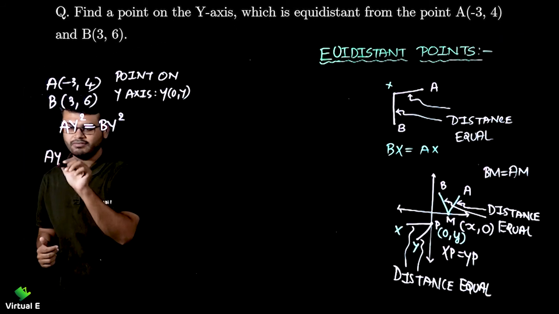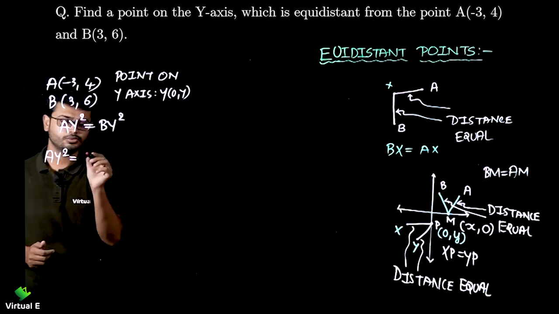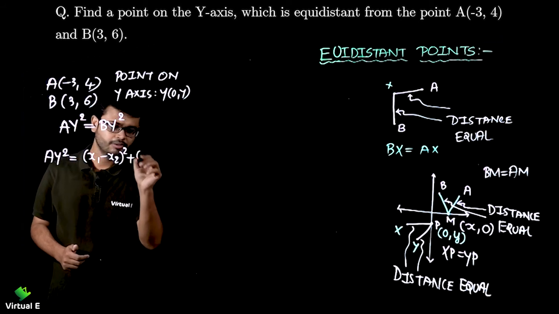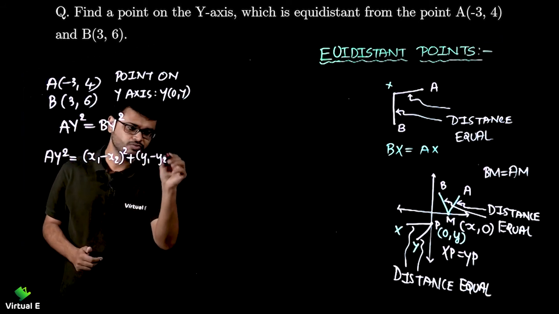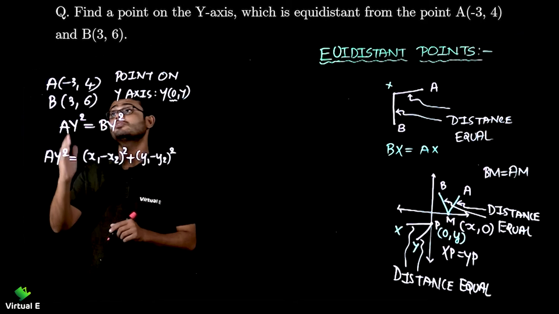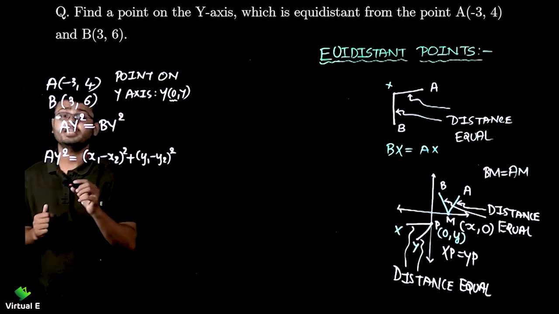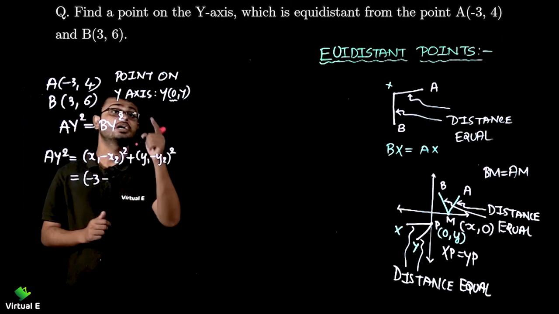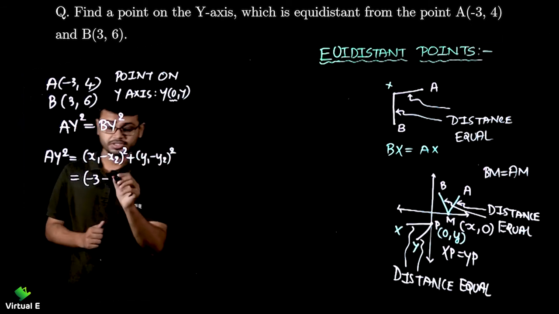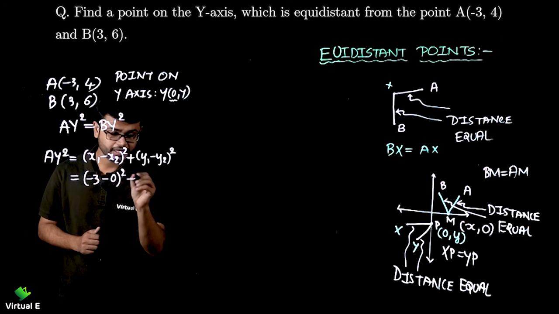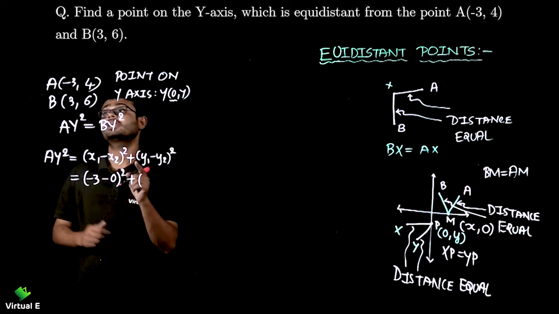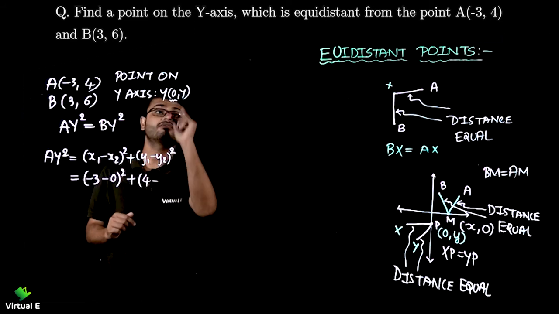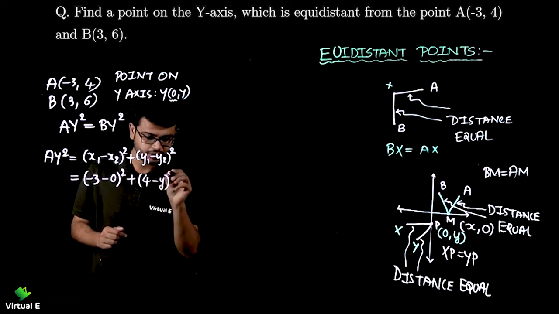AY square is equal to (x1 minus x2) whole square plus (y1 minus y2) whole square. So the x coordinate of A is -3, here -3 minus the x coordinate of Y, which is 0, whole square, plus the y coordinate of A, which is 4, minus the y coordinate of Y, which is y only, whole square.